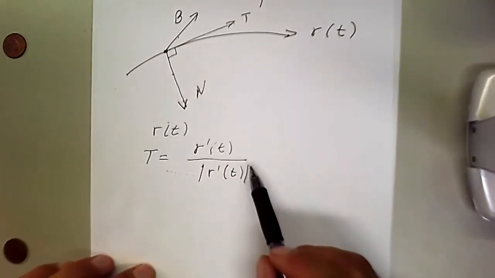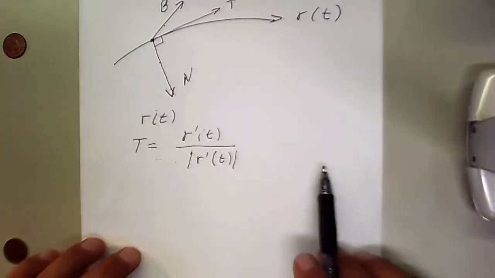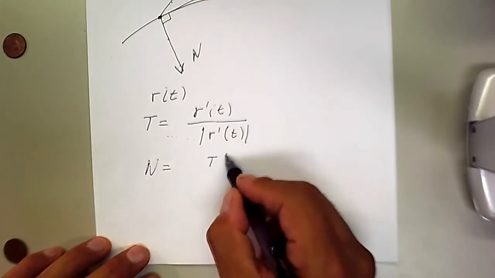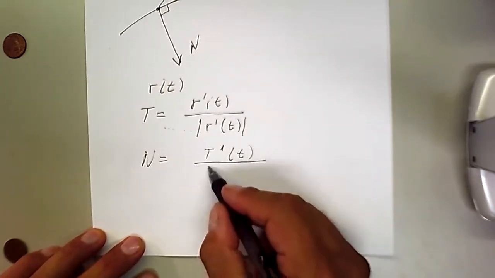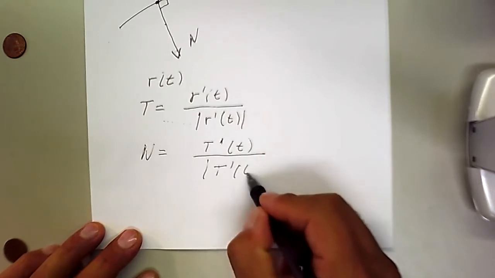Once you have the tangent vector, you can find the normal vector by taking the derivative of the tangent vector and then dividing by its own magnitude. So T prime of t.